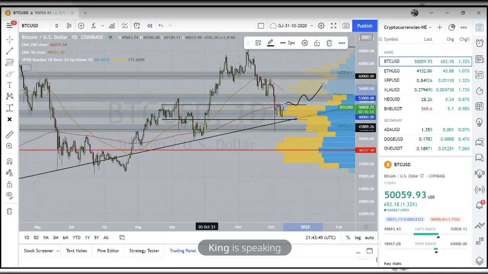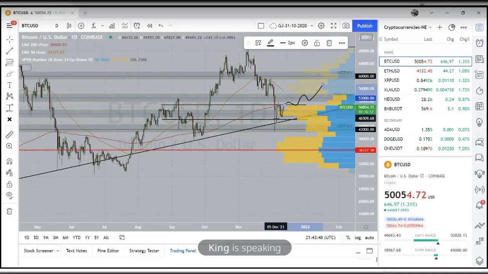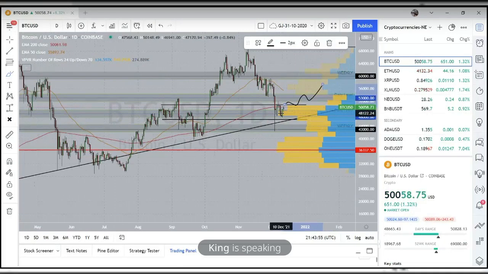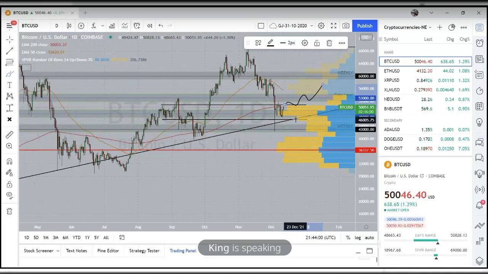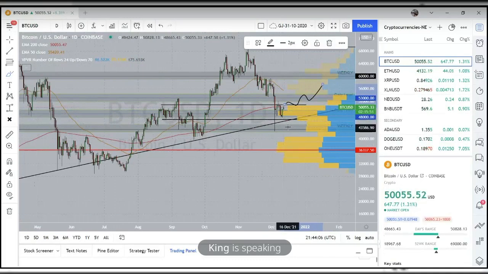Let's say that these buyers, this was just orders being held at this level, and now we might get a possibility to trade back into these low 40Ks and gain some more fresh buying, fresh demand.